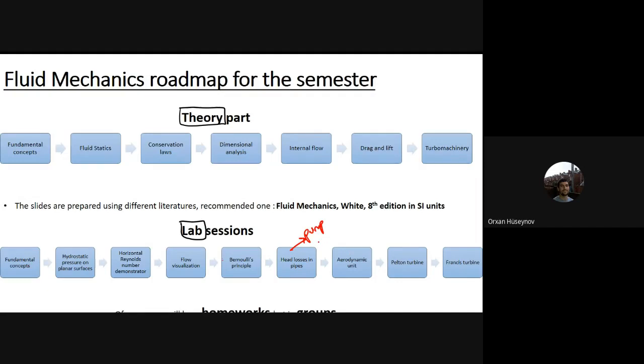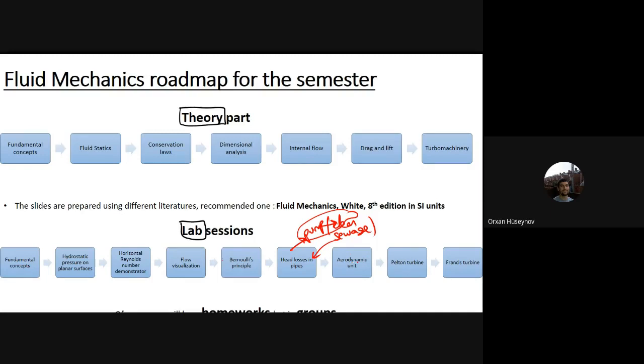If you have a building system, for example, what power of pump is required, it can be a clean water system, or it can be a sewage system. In sewage systems, we don't need pumps. This is for the clean water system, but for the head losses, we are also covering the sewage system.